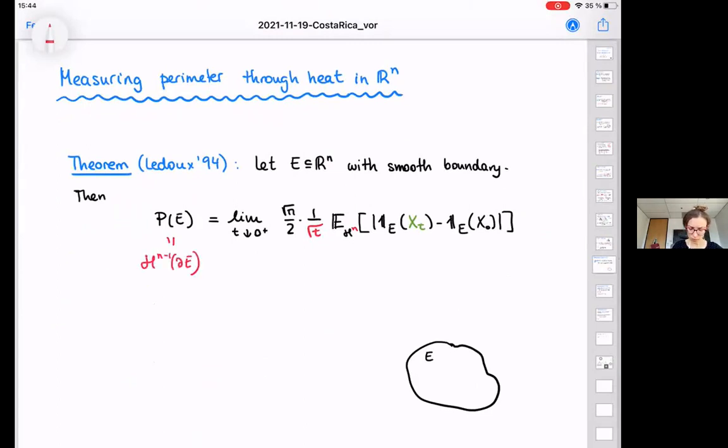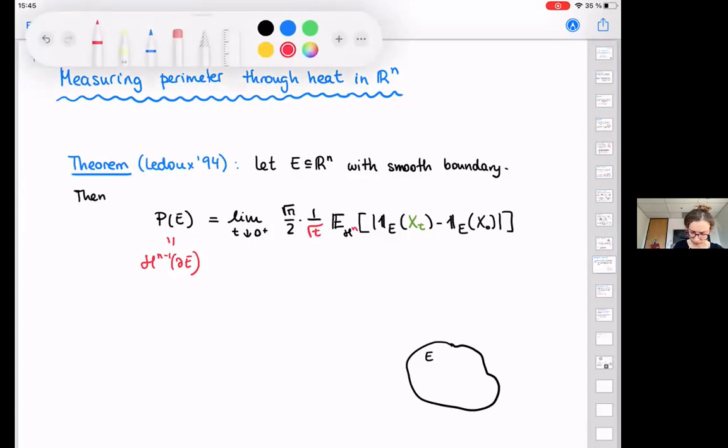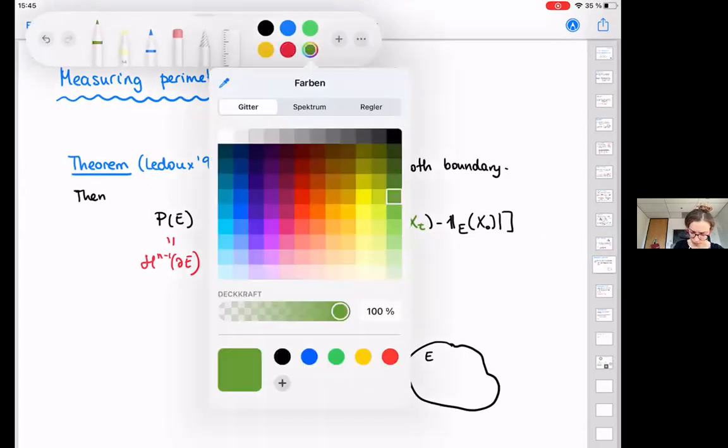This is what we know, and this is fine. And what he figured is that you can actually write down that perimeter in this very strange way, which I'm going to explain in a second, that has to do with several things here. So let's look at what all these things are.